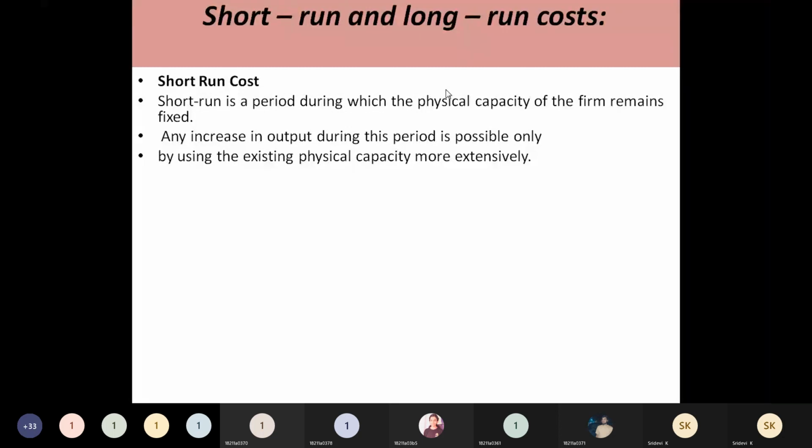If you have machinery of 1 lakh units maximum capacity, above 1 lakh you cannot produce within this short period. You can reduce, but you cannot increase more than 1 lakh, because the capacity of the physical technology is limiting to that extent.